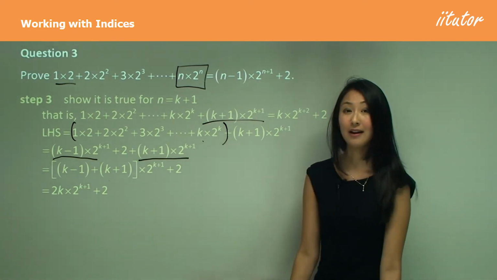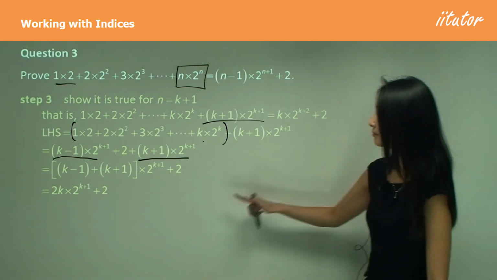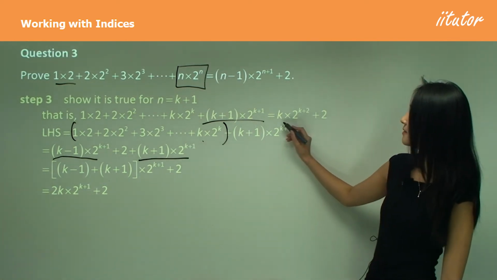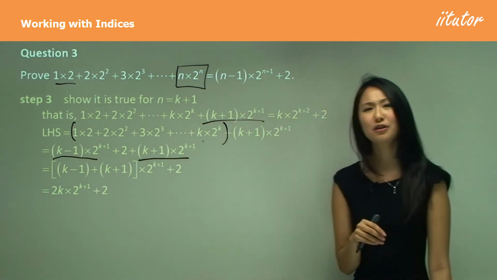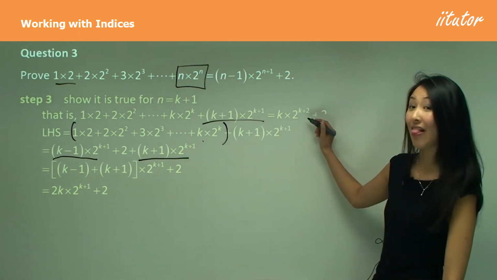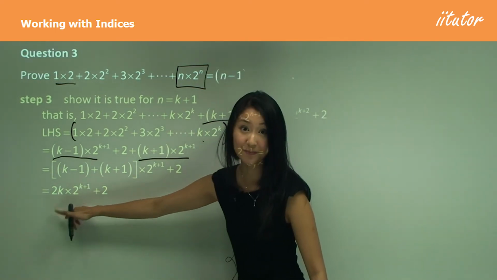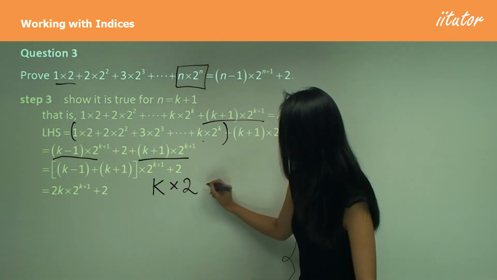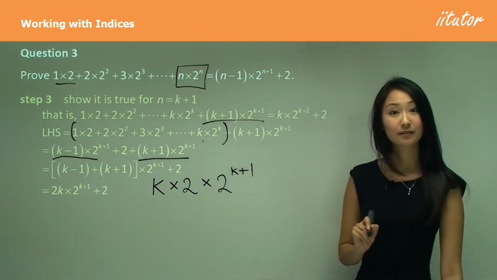Okay, let's look back to the right-hand side. So here we have the plus 2, okay? So that we have, but what we don't have is the k times 2 to the power of k plus 2. We have k times 2 to the power of k plus 1. So how am I going to change that so we get the k plus 2? Well, you can see that we have that 2 there, right? So I want you to consider it as k times 2 times 2 to the power of k plus 1, right?